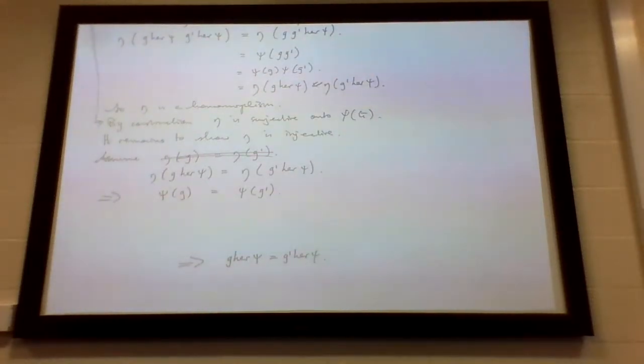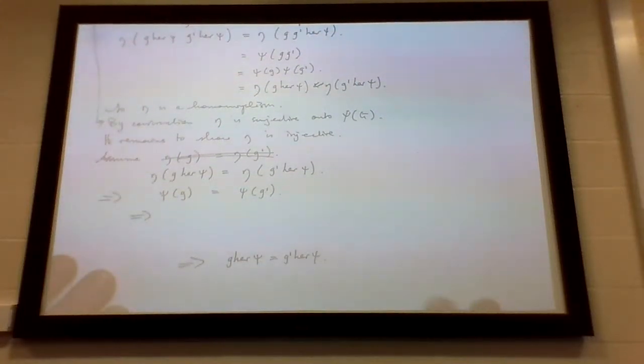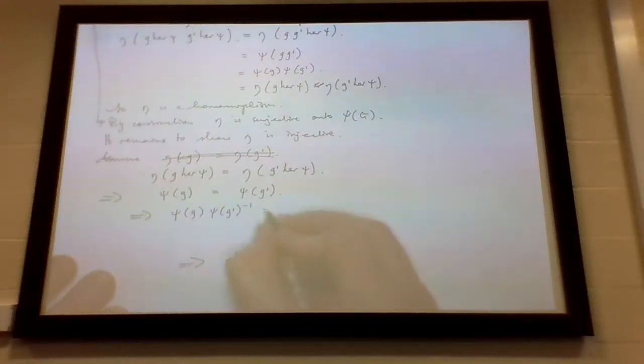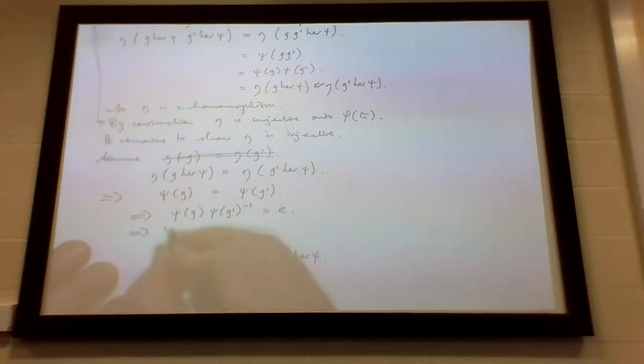Well, what does that imply? It implies, for instance, that psi of G times the inverse of psi of G prime is the identity. Two things about inverses and homomorphisms: the inverse can come inside.